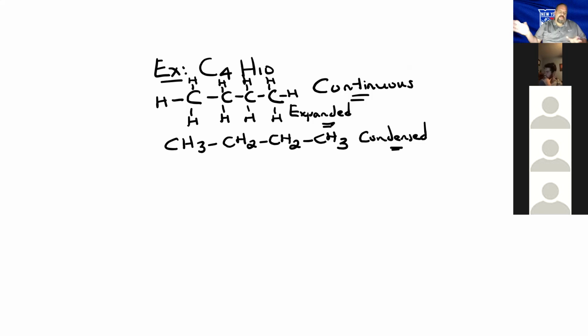To step forward for a second, remember isomers have the same chemical formula, but different arrangements of atoms. There's nothing different here between these two. They're exactly the same. Students will also say, okay, here's another isomer.